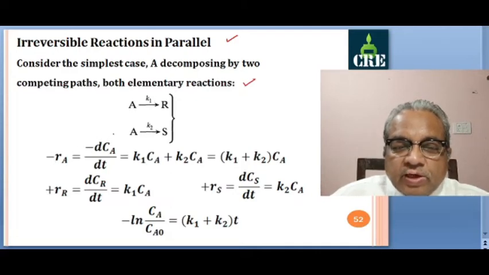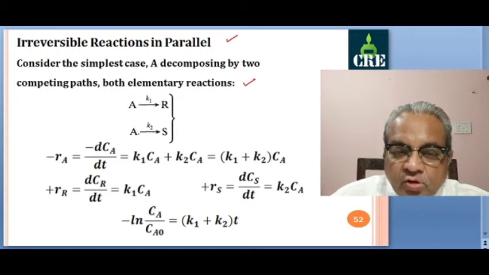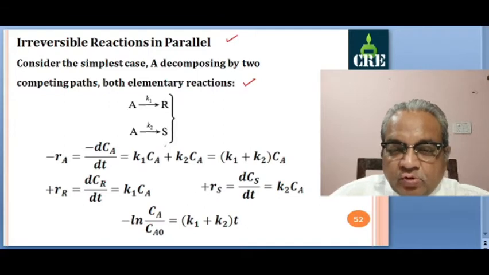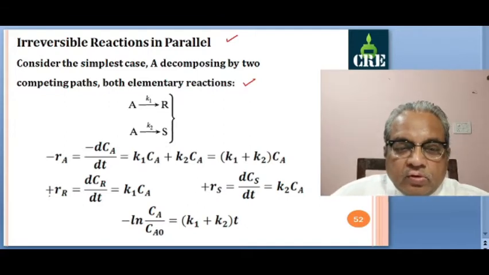So minus Ra is minus dCa by dt. This can be written as, for both competing reactions, K1Ca plus K2Ca. If I take Ca common, I can write this as rate constant K1 plus K2 into Ca. We are considering first order with respect to A. Both the reactions are first order with respect to A, concentration raised to 1.